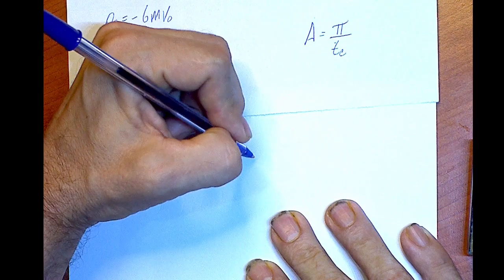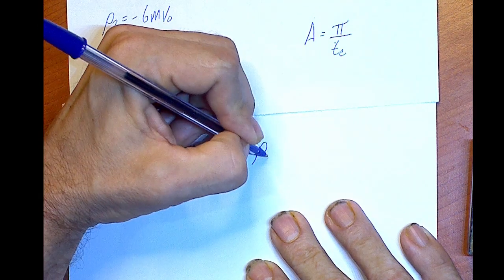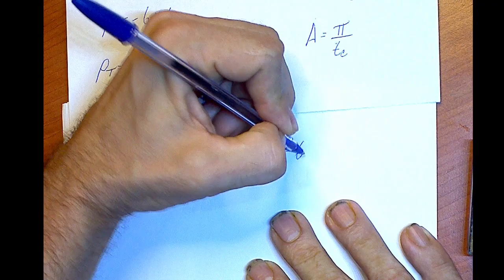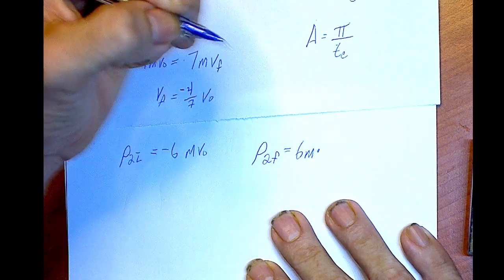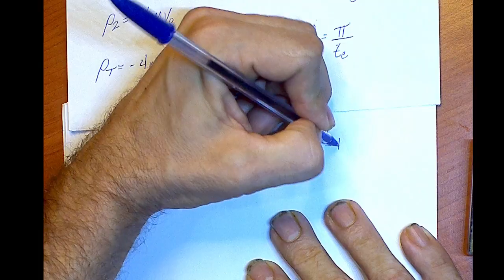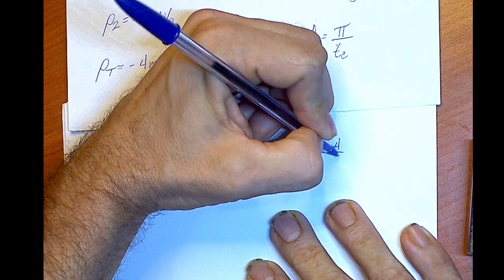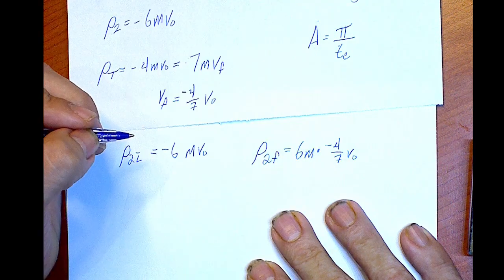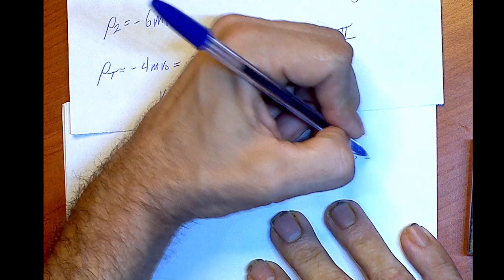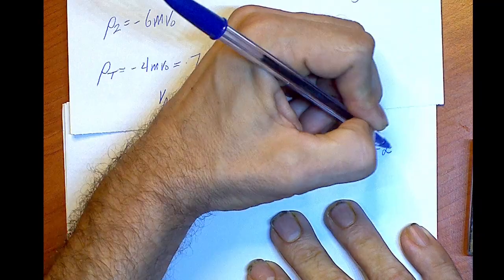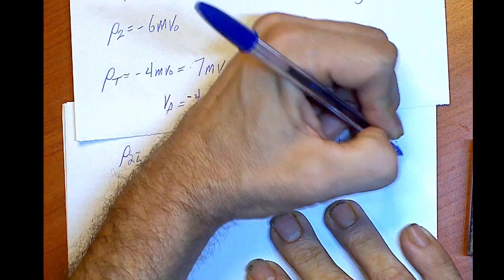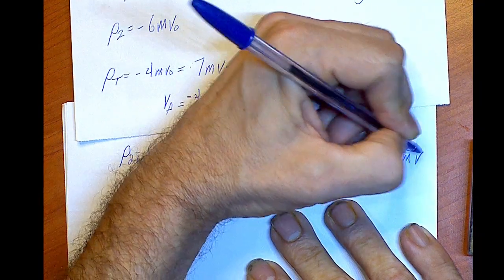And the final momentum of block 2 is equal to 6m times minus 4/7 V naught, which is equal to minus 24/7 mv naught.